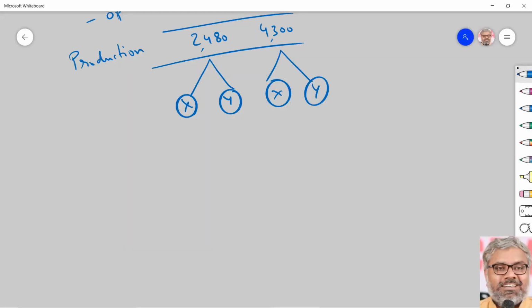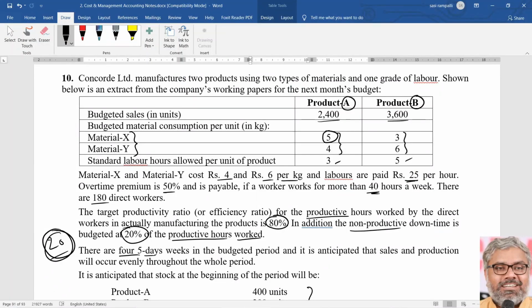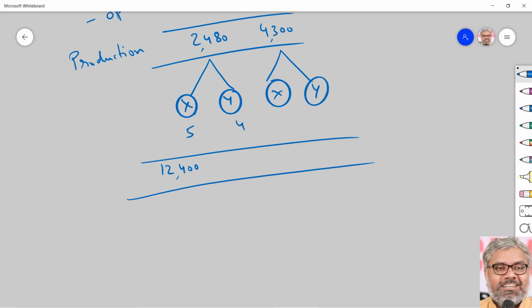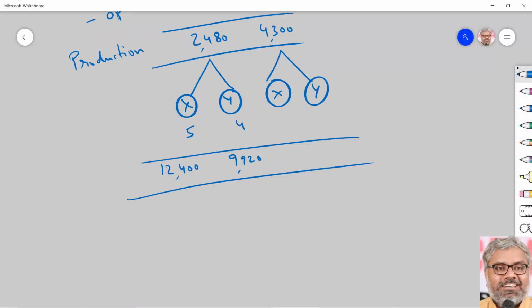So 2,480 into 5, how much will be that? 12,400 kgs of material X, and for same product A, 4 kgs of material Y would be required. So 2,480 into 4, 9,920 kgs of material Y would be required.